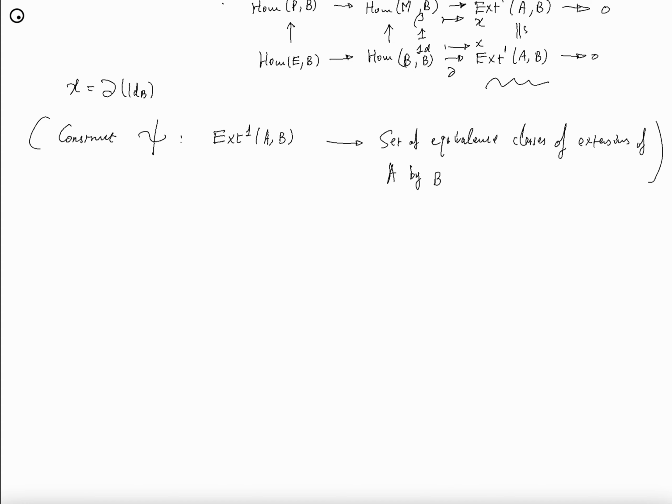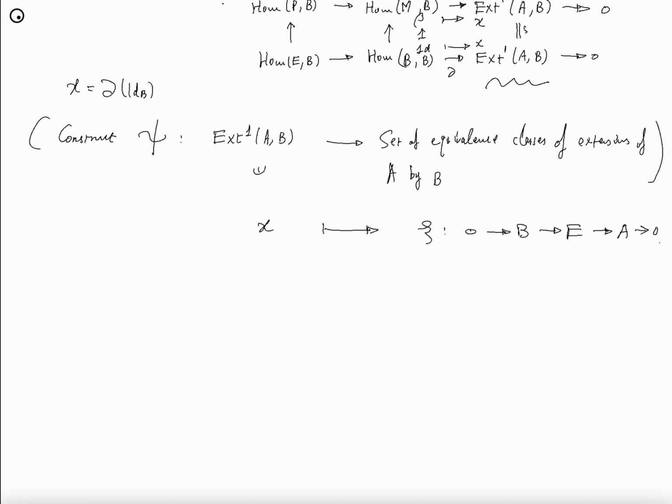What we are going to do is start with an extension, let's say X, and map it to the equivalence class of extension of A by B. This class is the one we just called C. We constructed it by pushout, but this is not yet finished because you have to check this is well defined.